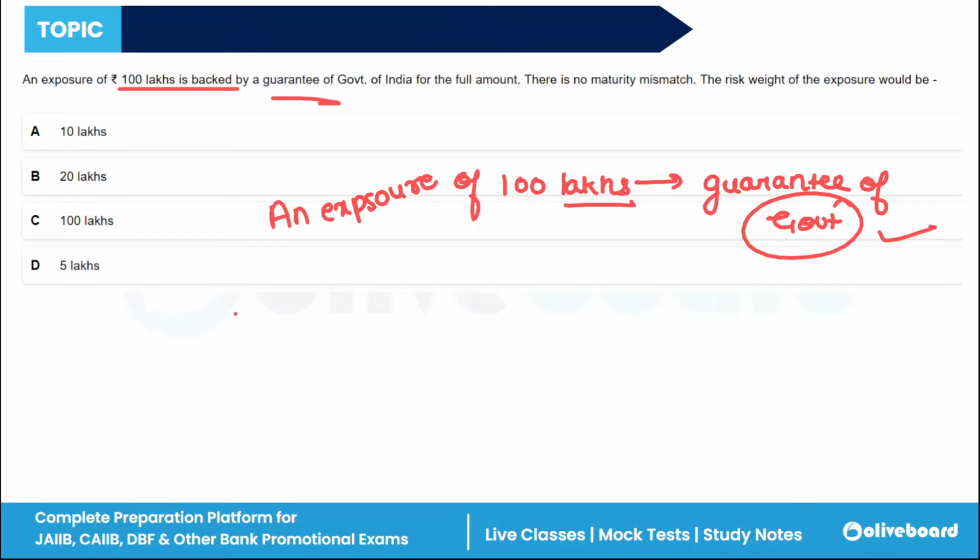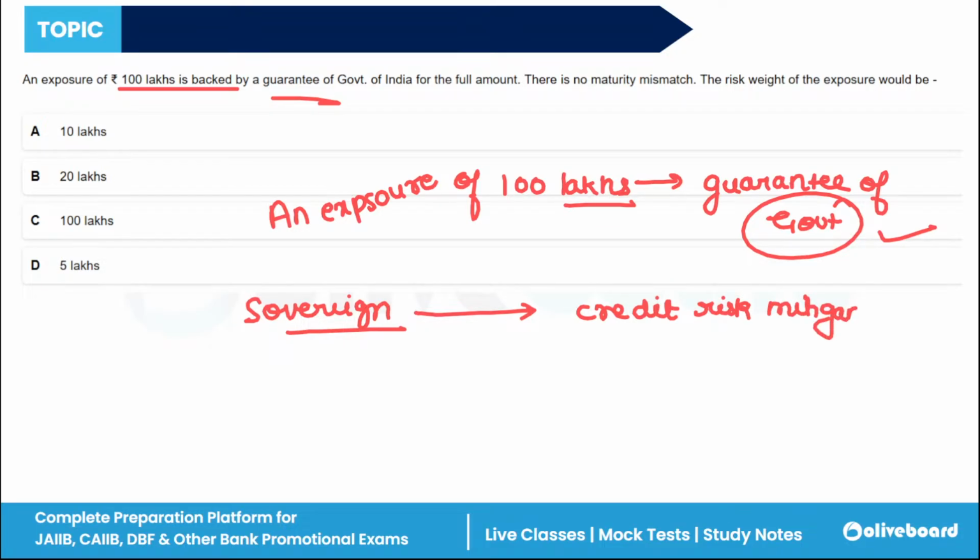So as we know, the government of India is sovereign, so the guarantee of the government is an eligible credit risk mitigant. In case the above guarantee is extended by any state government, the applicable risk weight would be only 20%, and in the above case the exposure is 100 lakh, so we multiply by 20%, which equals 20 lakhs.